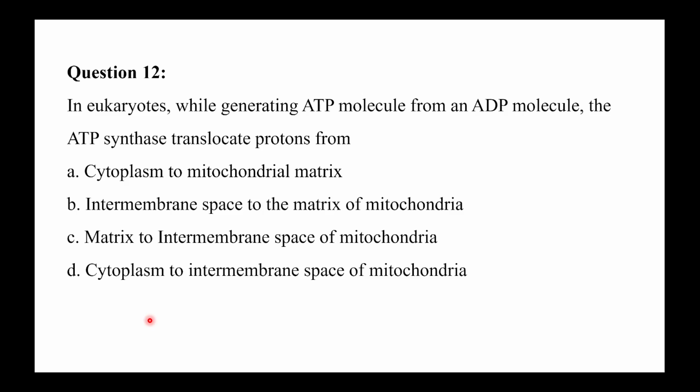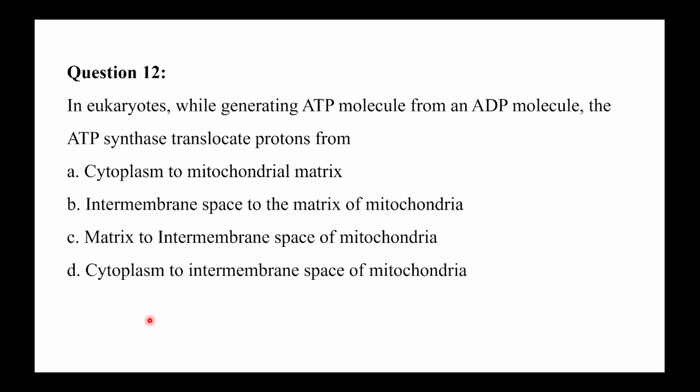Okay, let's move on to the next question. Question number 12. In eukaryotes, while generating an ATP molecule from ADP, the ATP synthase translocates the protons from. I showed you the electron transport chain, right? I told you the protons are moved from one part to another. So from where are the protons translocated?